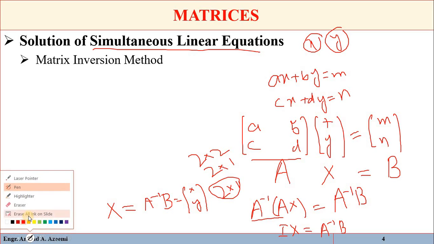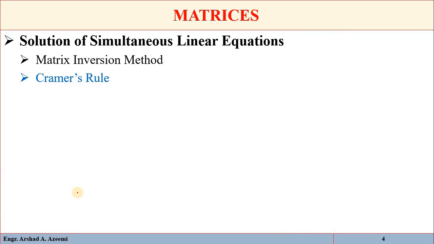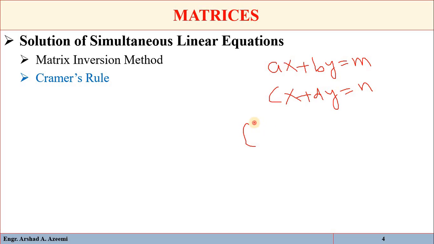Now the second method is Cramer's rule. This is another method which is used for the solution of a system of linear equations. Again, for example, if we have the general system of equations, ax plus by equal to m, and cx plus dy equal to n, and we take out the coefficients, it will be a, b, c and d.